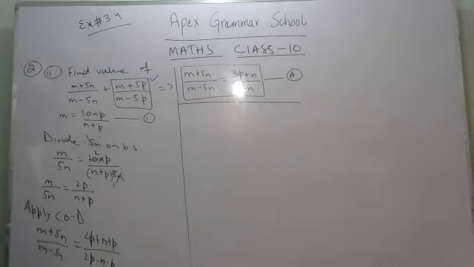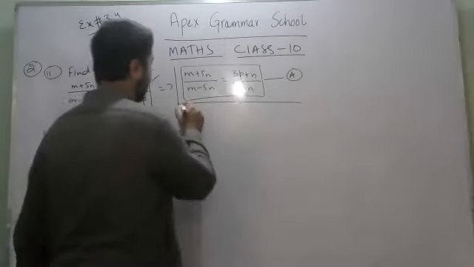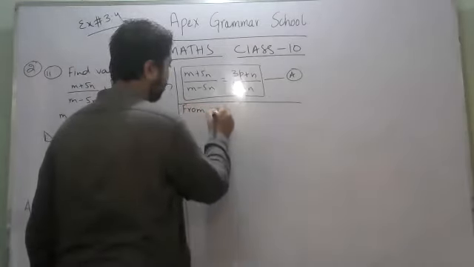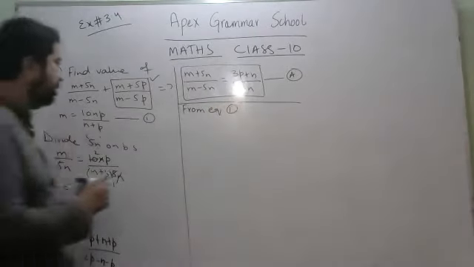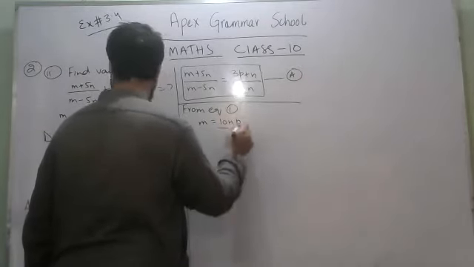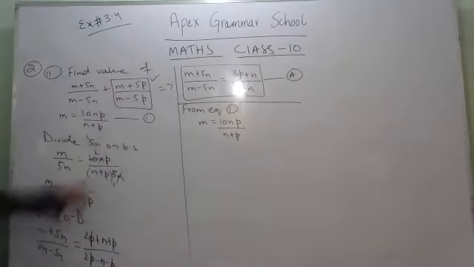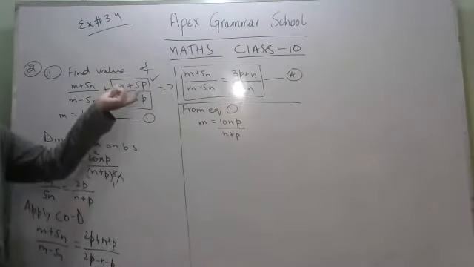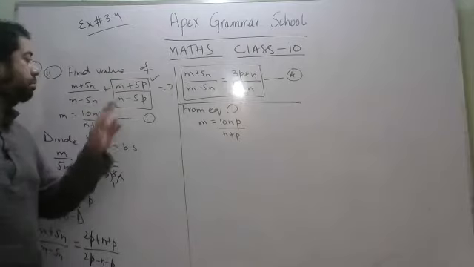We don't have any value for it, but we can find it through the given expression, equation 1 again. Equation 1 is m is equal to 10np divided by (n plus p). Now you can see that the componendo and dividendo theorem is required between m and 5p.